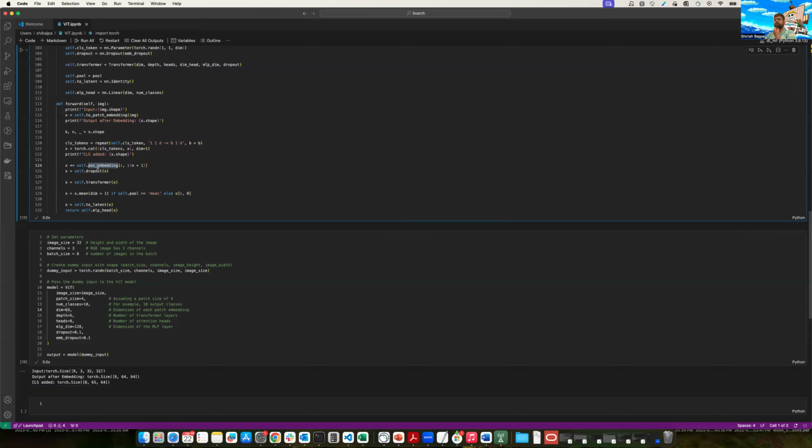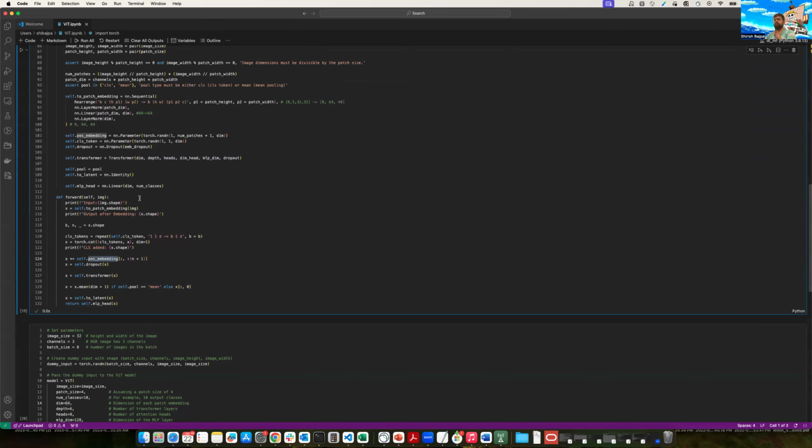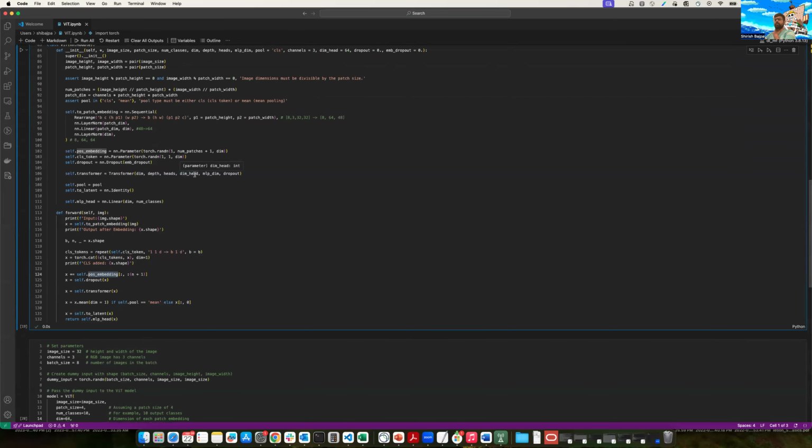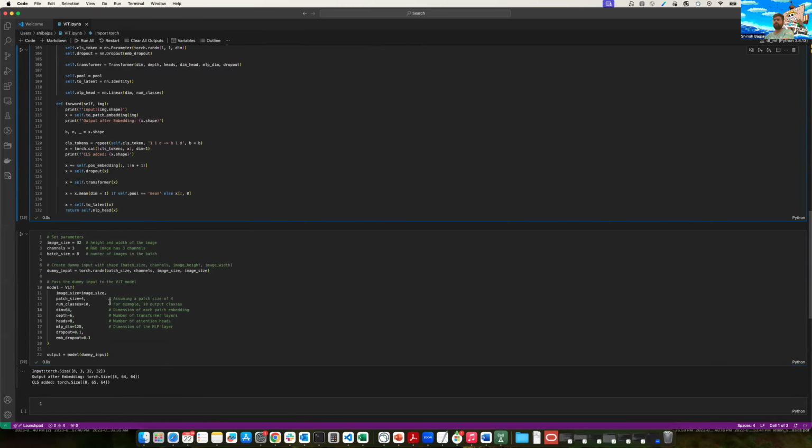Now positional embedding is added, like I mentioned earlier, to retain the position of each of the patches. Because the attention mechanism attends to each and every token, it is agnostic to the position. So we have to embed the position information somehow.